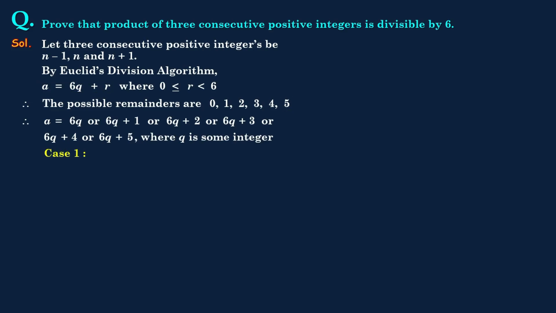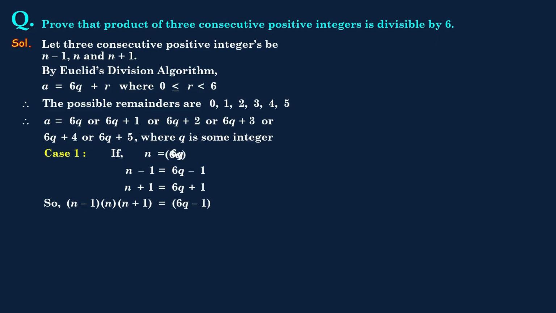Now let us consider case number 1, that is a equal to 6q. If we consider that n, the middle one, is 6q, then n minus 1 will be 6q minus 1 and n plus 1 will be 6q plus 1. We need to find the product of three consecutive positive integers, that is n minus 1 into n into n plus 1. Replacing the values, we get 6q minus 1, 6q and 6q plus 1.